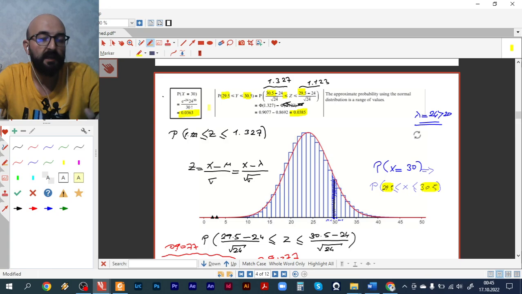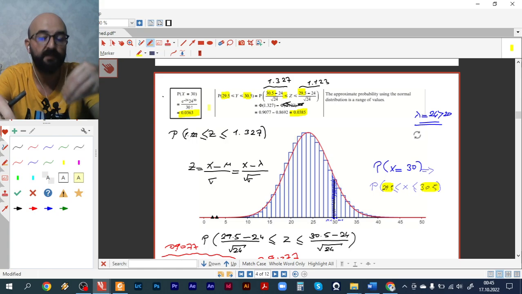It means very nearly equal values. So if your lambda is greater than 20, you can use the normal distribution, the normal curve, but please don't forget continuity correction.